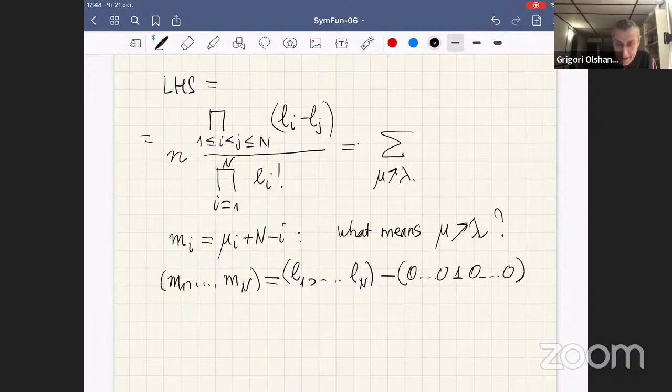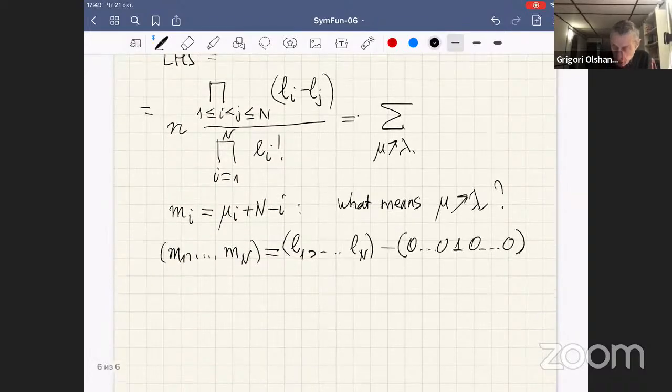So the next observation is a very simple step, but it is important because it is used in a number of arguments about symmetric functions. Namely, here we need to have Young diagrams. Okay? So this entry can't be absolutely arbitrary.